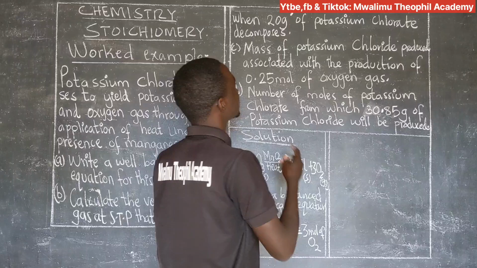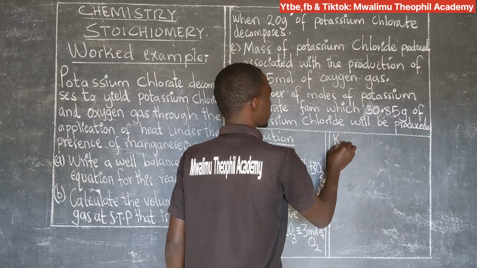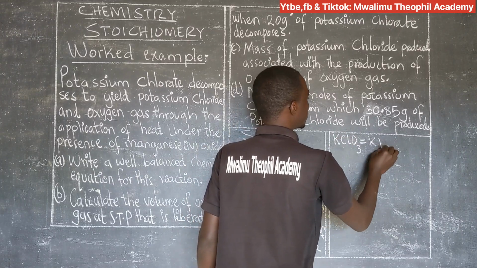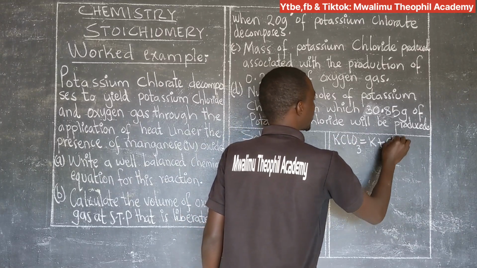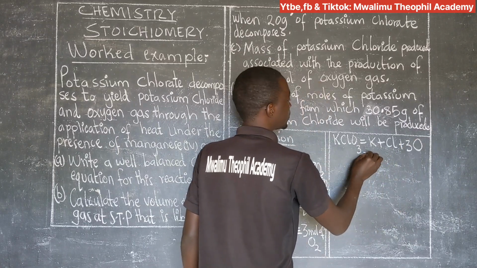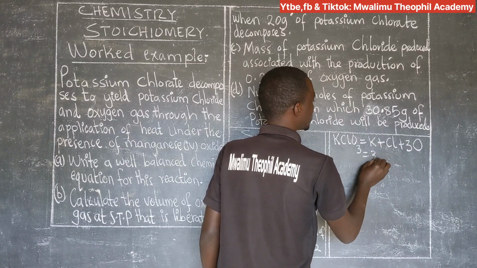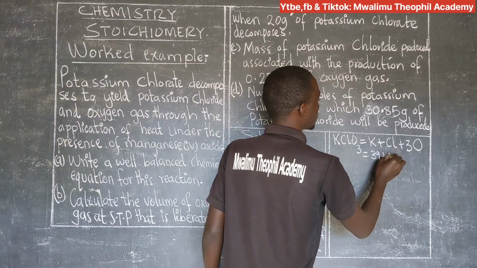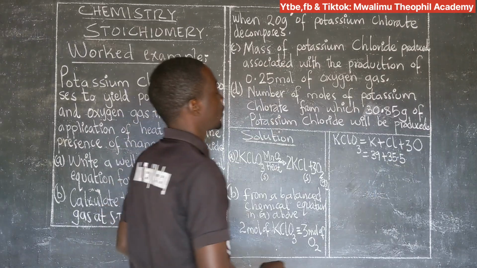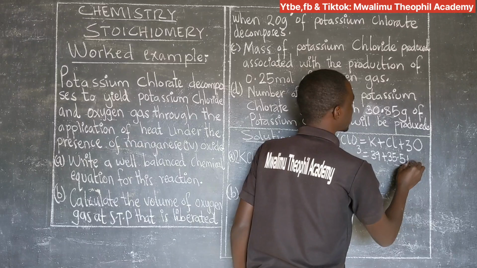Let's see the molar mass, the molecular mass of potassium chlorate. In potassium chlorate, we have 1 potassium, 1 chlorine atom, plus 3 oxygen atoms. This will be equal to the relative atomic mass of potassium, which is 39, chlorine 35.5, and for oxygen, we take 16 times 3 as we have 3 atoms of oxygen.